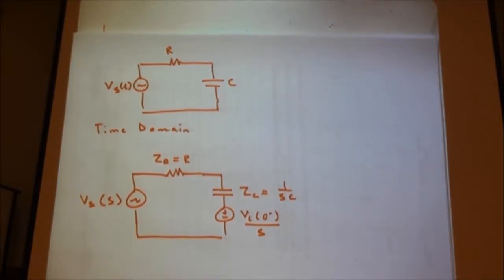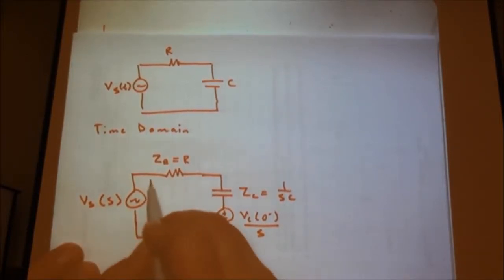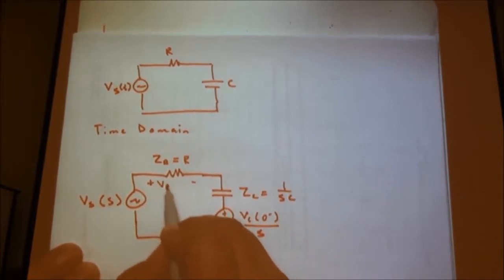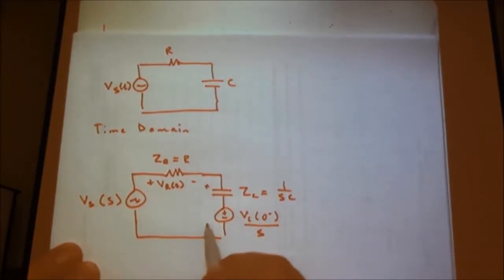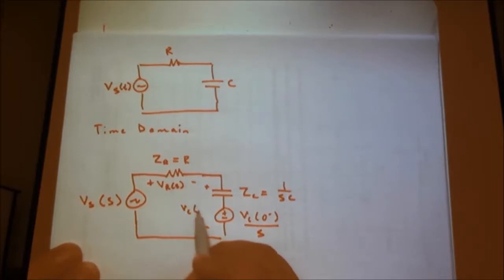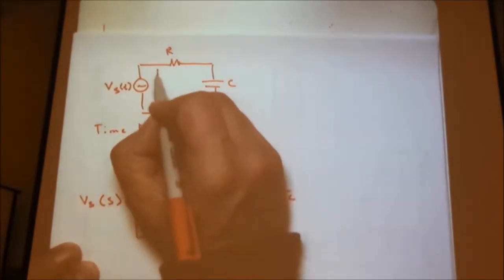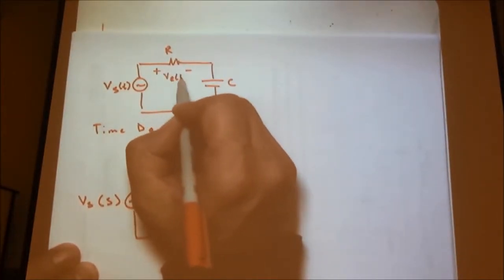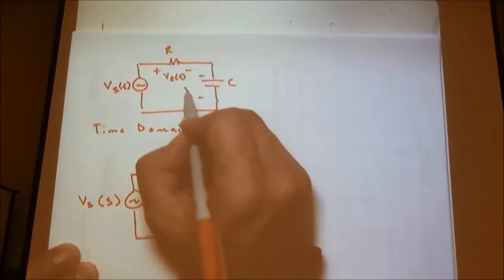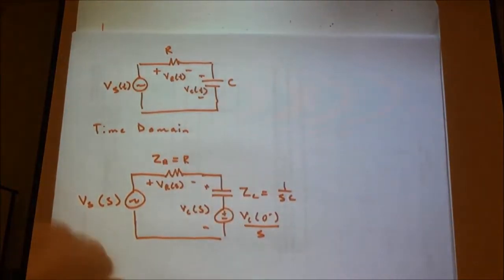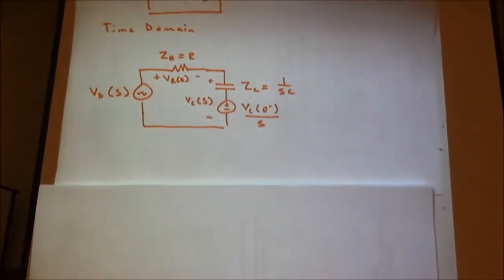And again, to remind ourselves, that's VR of S, and in total, that's VC of S, which corresponds to VR of t and VC of t. And so, if we want to find an expression for VC of S, how do we do that?